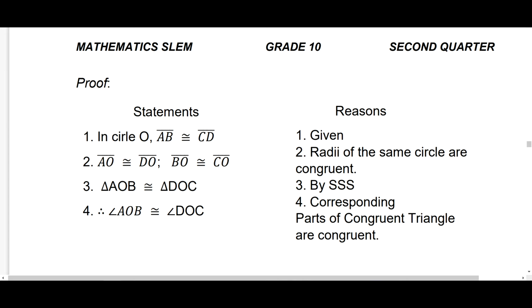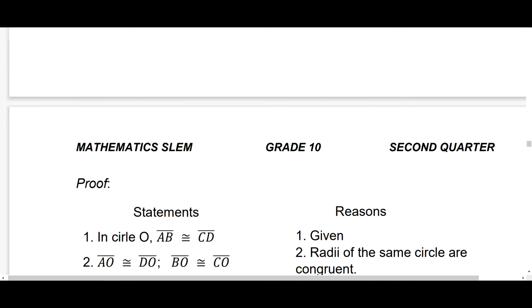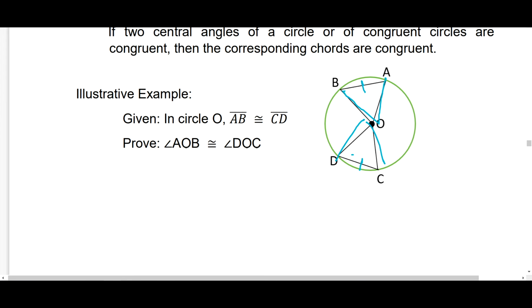So, ayan, in circle O, AB is congruent to CD. Na-highlight ko na. Next.